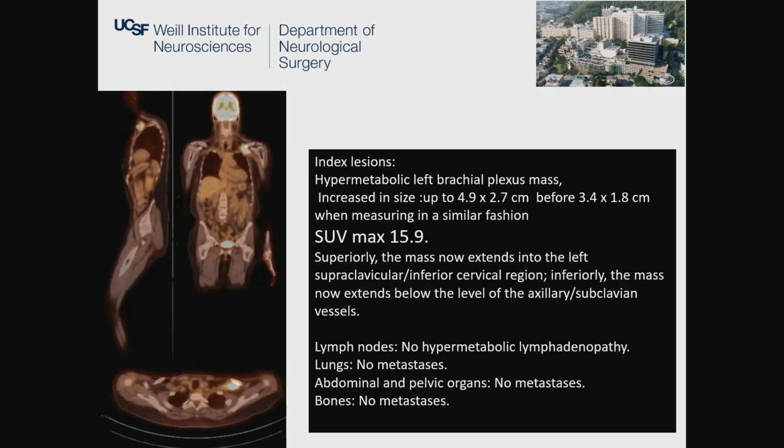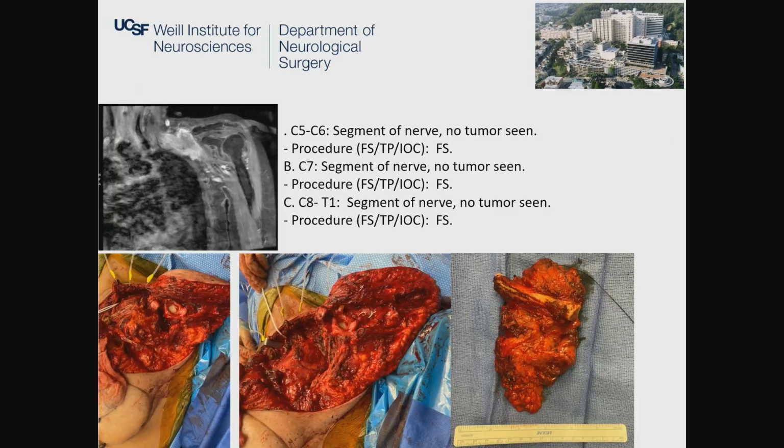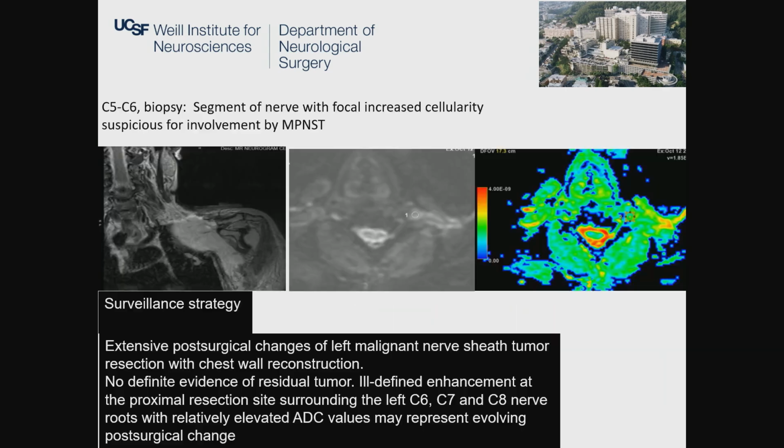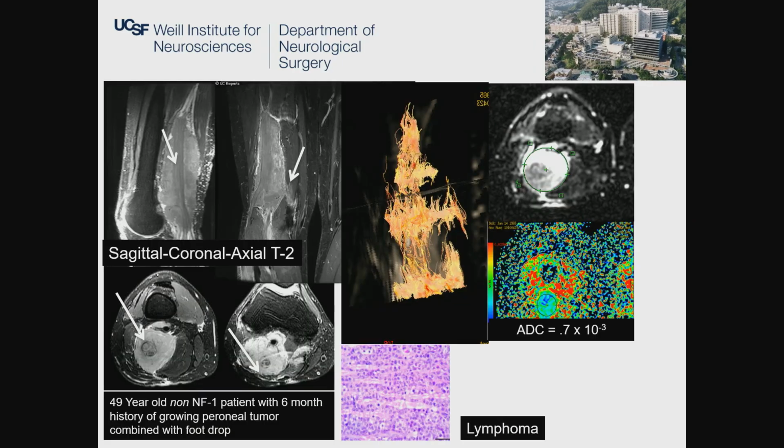You have the ultrasound, the SUV from the PET scan, you correlate that with those images, the MRI neurogram, and you can see that this is infiltrative in nature, and this was basically a Triton tumor. So following that patient will be very important, and the DTI as well as the ADC values will really help you determine what type of resection you've been able to do.